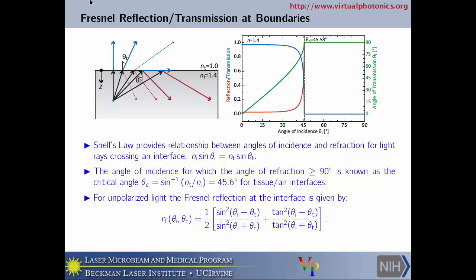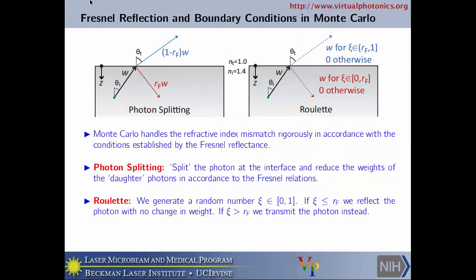So the question is, how can we model this within radiative transport? As we learned yesterday in the Monte Carlo talk, Monte Carlo has the ability to handle this rigorously because it treats each photon propagating individually. So you can have a photon that's trying to escape. It hits this boundary, and you can treat this boundary condition in two ways. You can say, okay, I know what the angle of incidence is.